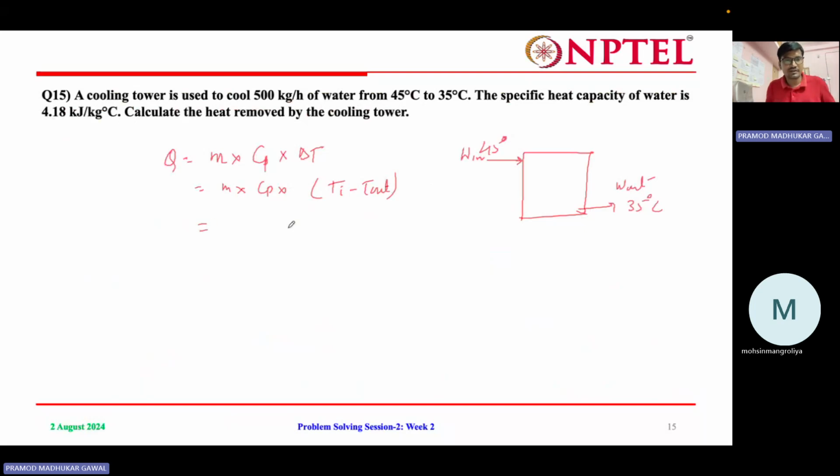So put the value, you will get the heat removed. How much heat is removed from the cooling tower? So M is given 500, CP 4.18 into temperature difference in degrees Celsius. Check the unit also. 45 minus 35 means 10. Right?